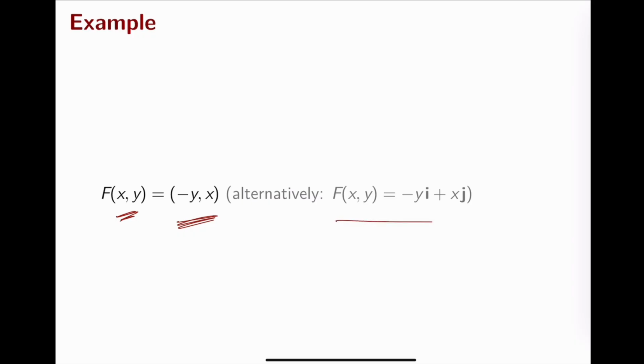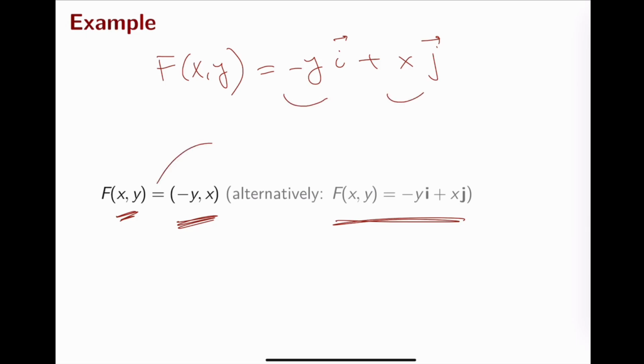Another possible notation is this way: we can say that to each point (x, y) we associate the vector -y i + x j, which is the same thing as the vector (-y, x), just in a more abbreviated notation. So this will be one example of a vector field.